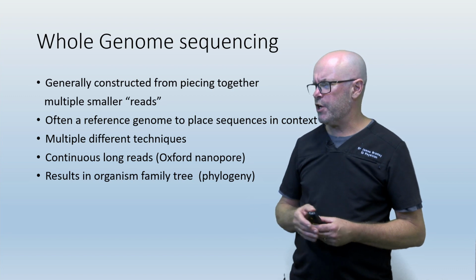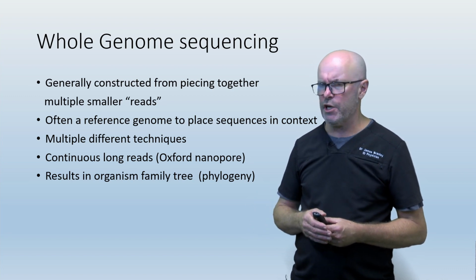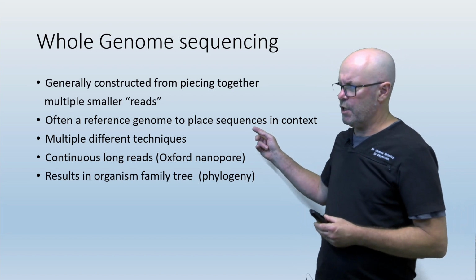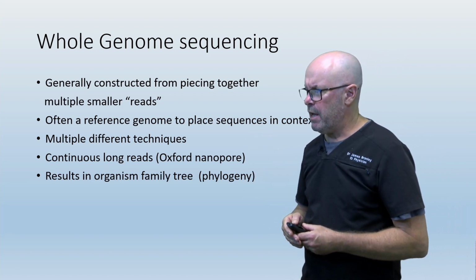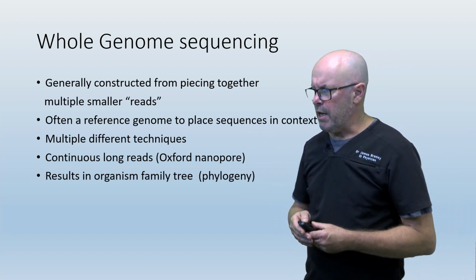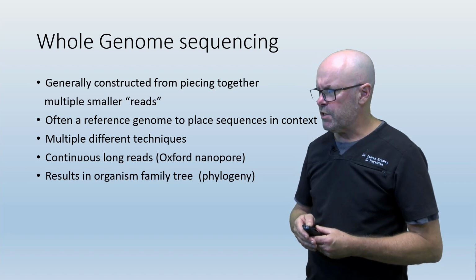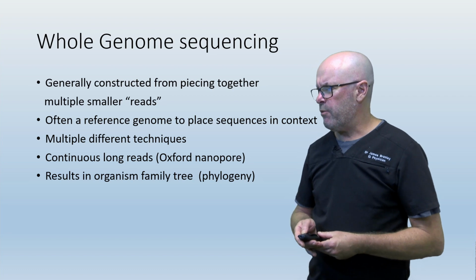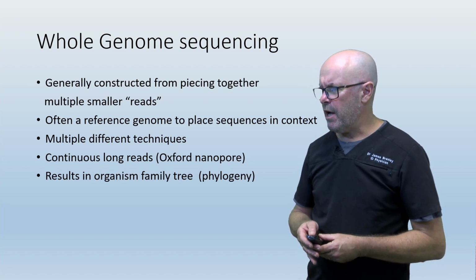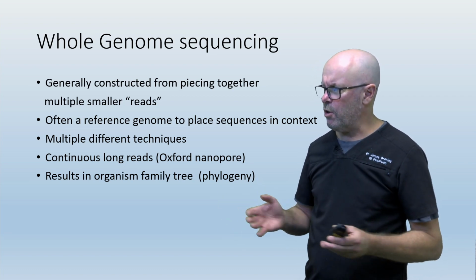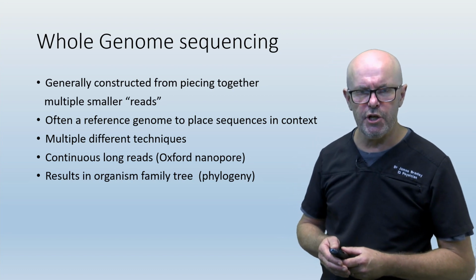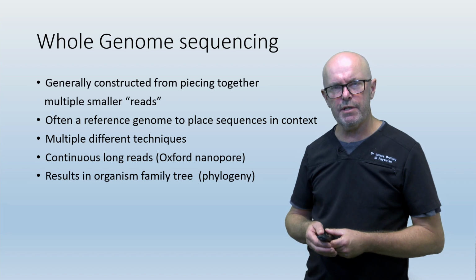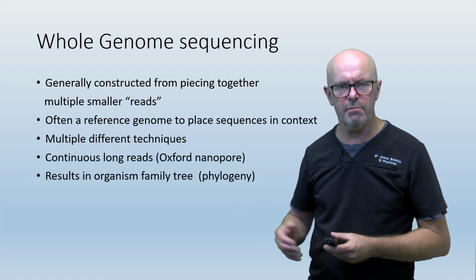Often there's a reference genome, and if there is, the process of assembling the whole genome will be much easier. There are other techniques that do longer reads, such as the Oxford Nanopore. Whole genome sequencing results in the generation of essentially a family tree of organisms, so that an organism can be compared to other organisms.